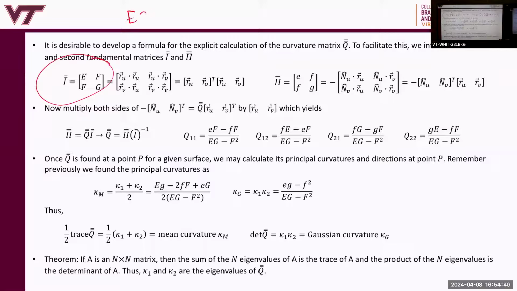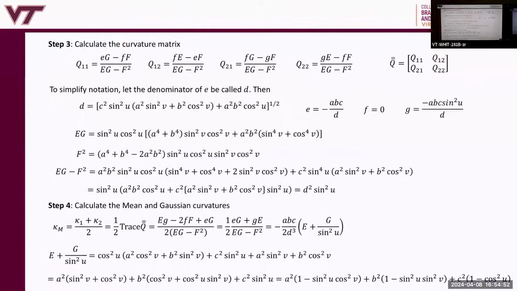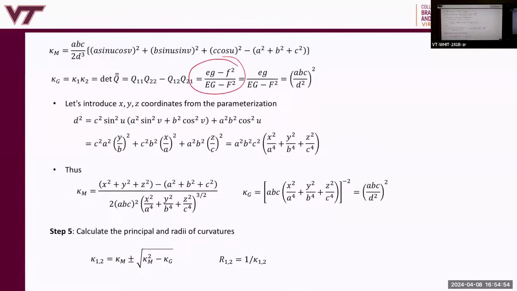EG minus F squared. Very good. What is the determinant of 2? Now look here: we have little eg minus f squared, and then capital EG minus F squared. So that's the determinant of 2 divided by the determinant of 1.